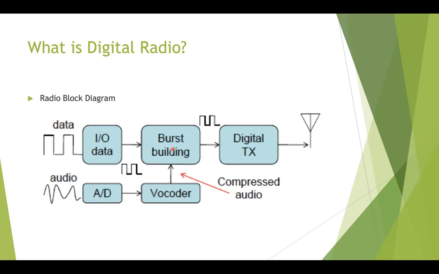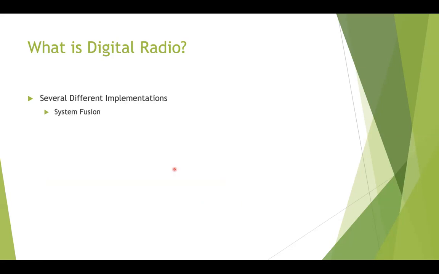And that's passed off to this component of the radio. Meanwhile, data can be coming in through another mechanism and also is handed into this burst building stage. And what happens here is these two signals are combined and then converted into a single digital signal, which is sent through a digital transmitter and out through your antenna. Receiving works kind of in the reverse fashion.